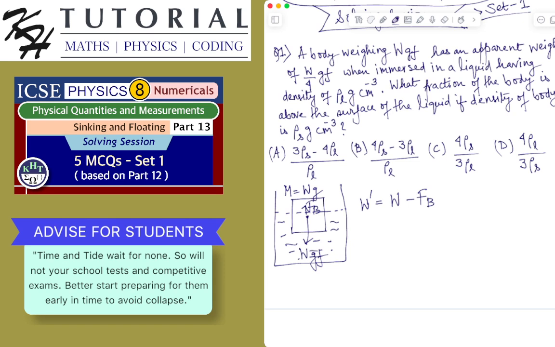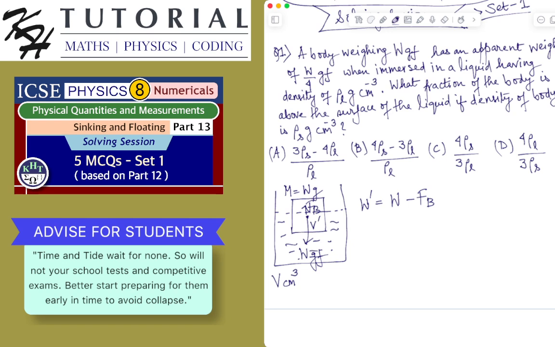So let's say the whole volume of the body is V centimeter cube, since all the units are given in gram in CGS, and let's say V dash centimeter cube is the volume of the immersed part of the body in the liquid.